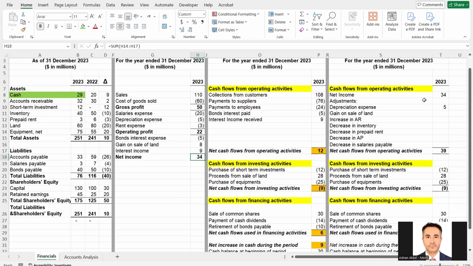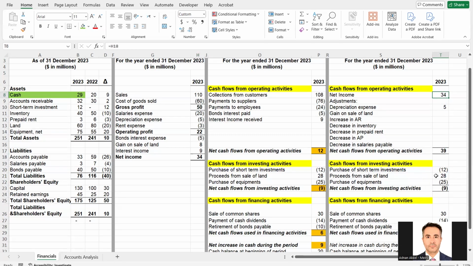So since I started my calculation here from the net profit, the gain from the sale of the land is somehow duplicated. It is accounted more than one time, actually twice. Why? It is already part of my profit for the year, and it is already part of my cash from selling the land. So it cannot be duplicated.